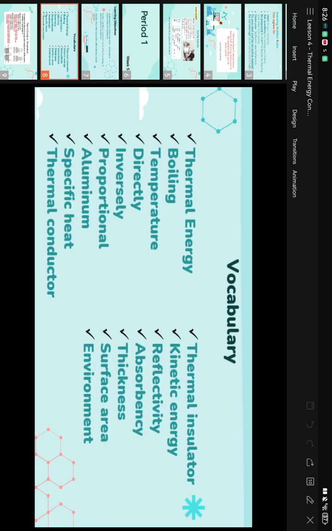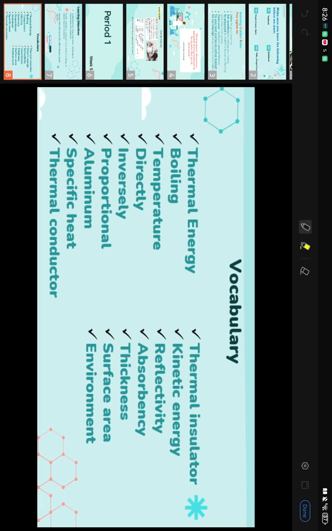So we'll speak about thermal energy, boiling temperature, directly and inversely proportional. What's the meaning of directly? This one is directly and this one is inversely proportional. Aluminium, which is Al, and specific heat, or the amount of heat to increase 1 gram by 1 degree Celsius.